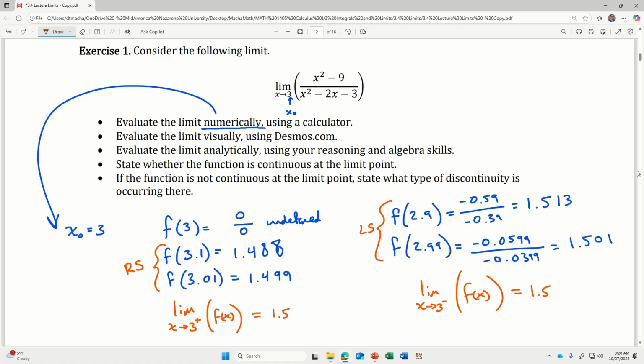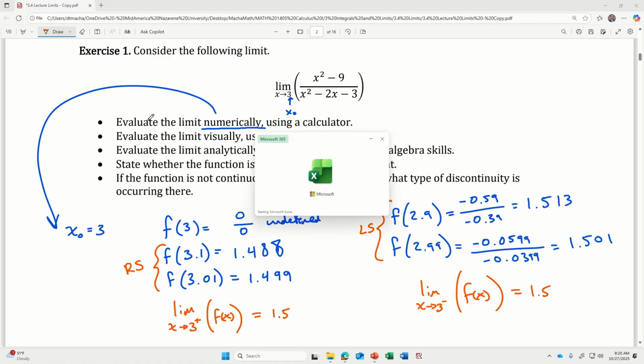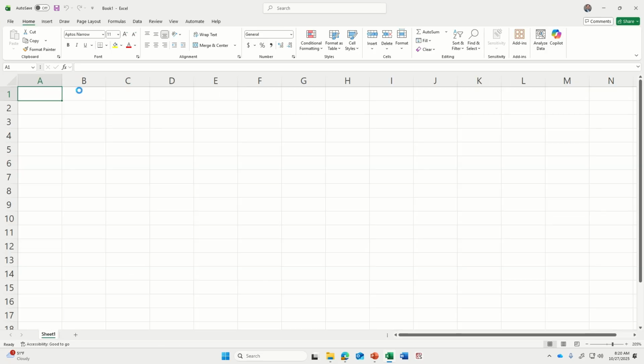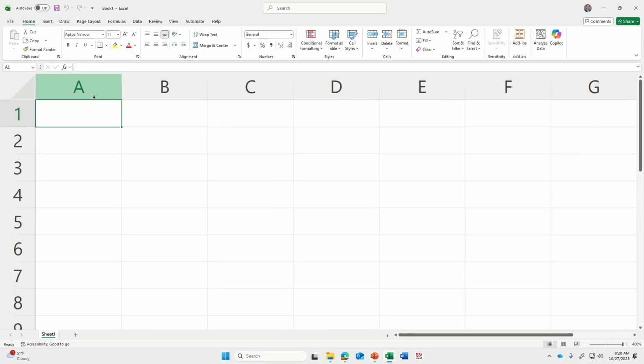And you can always take more points if you want to. I was just not taking a ton of points because I know we have a limited amount of lecture time here. But as long as you have a calculator, you could do as many points as you want.